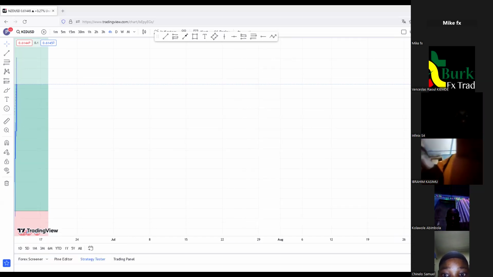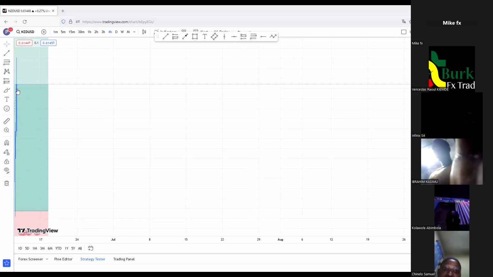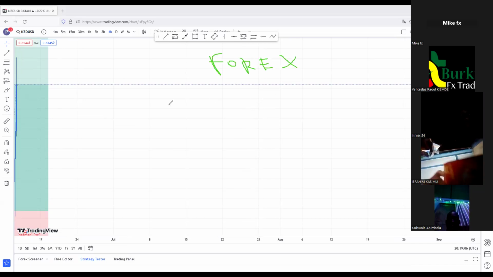We also spoke about the currency pairs, right? And I was explaining to you that in the Forex markets, if you want to buy a particular currency, you need to use another currency.